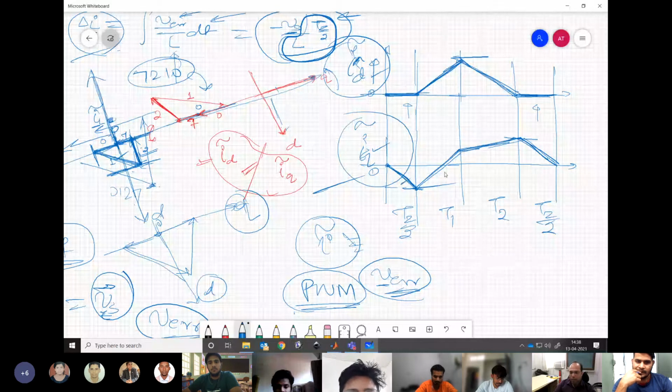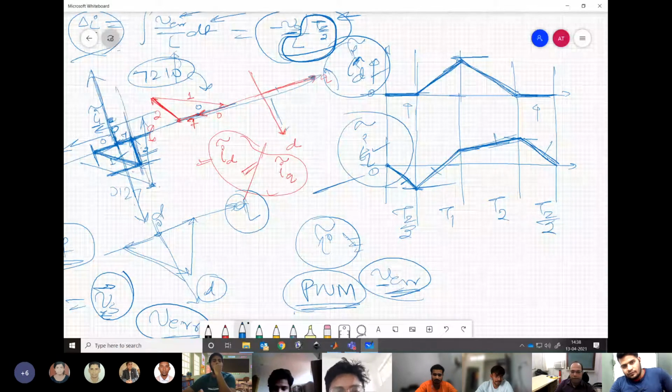See, why these slopes are different, you are asking that? In the T2 cycle, why is it so different? A smaller slope. It is because you are largely moving along or parallel to the D axis. Only a slight change in Q value. See, you are here at some point.